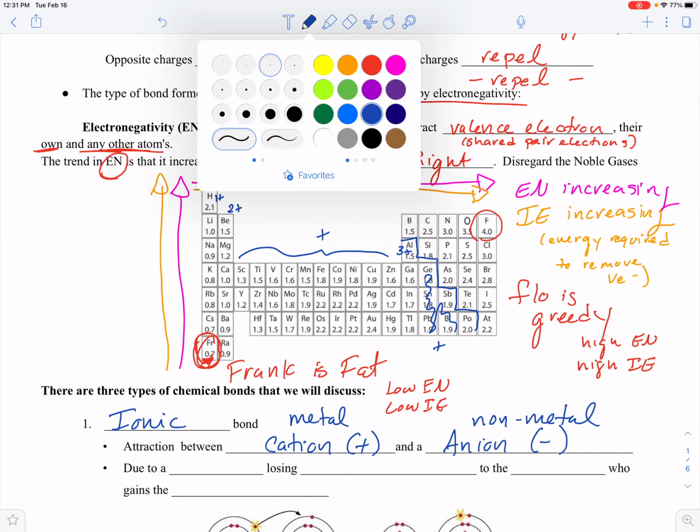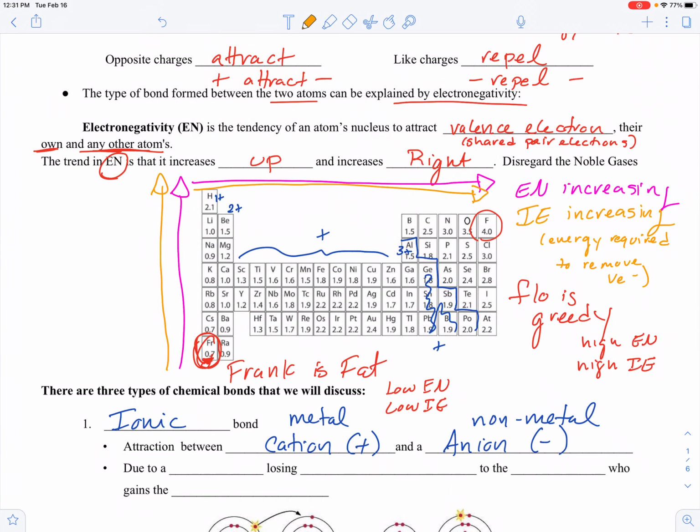Whereas our nonmetals, when we look at our periodic table, remember nitrogen down was a 3-, oxygen down was a 2-, and fluorine down was a 1-. Our nonmetals often form our anions. So it really is going to be a metal that is then going to be attracted to a nonmetal, and that'll be the easiest way to identify our ionic compounds.